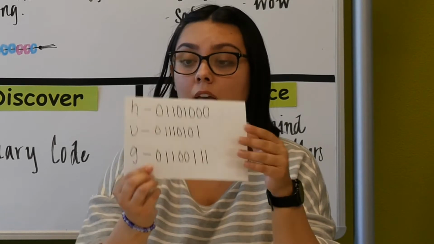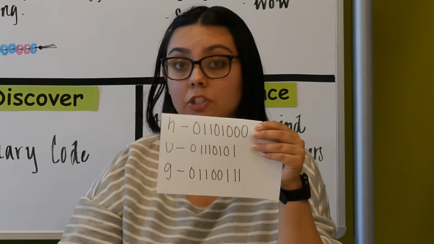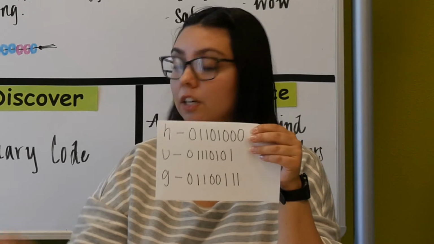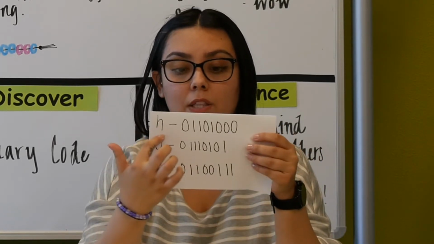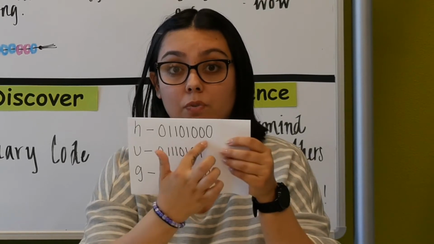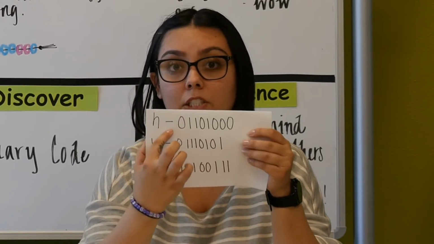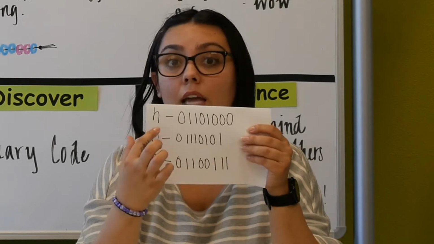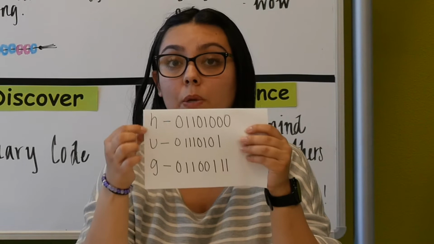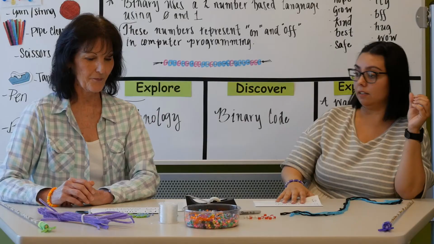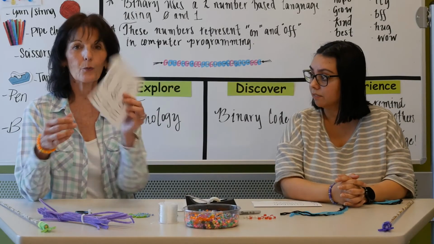So my 3-letter word is going to be hug, and I already wrote my binary code. That's where your cheat sheet comes in, as Jean had mentioned earlier. You're going to use that to find the letters you're using and what the binary code is for that letter. So remember, each letter is 8 bits, and 8 bits equals 1 byte, which is going to be 1 letter. Okay? All right, and I chose the word mom.